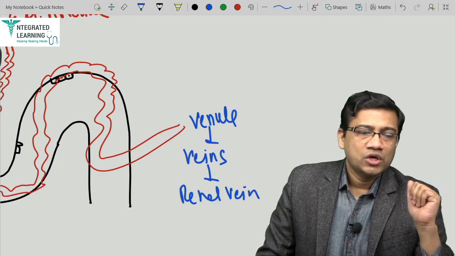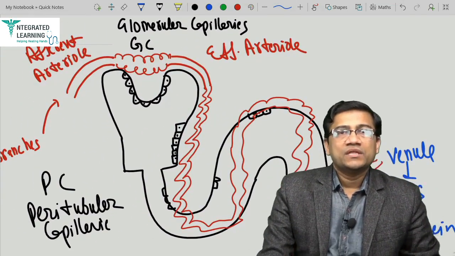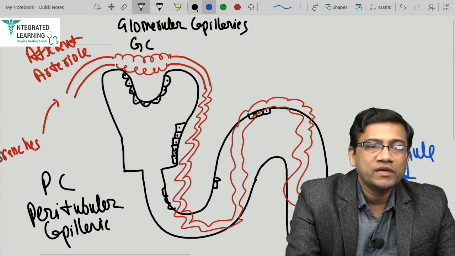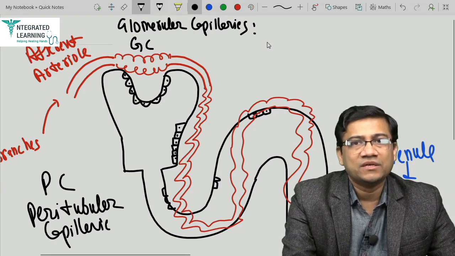Now comes the question about the glomerular capillaries. The glomerular capillaries are one of the most permeable capillaries in the body. In fact, some books give them as the most permeable, and some books give liver as the most permeable.